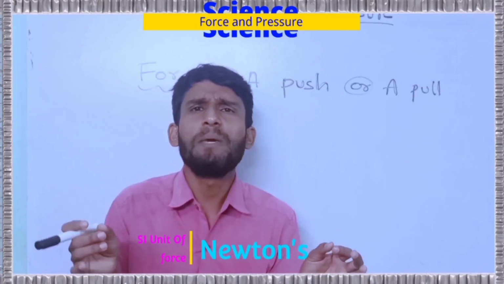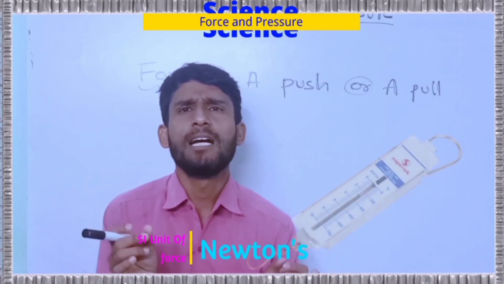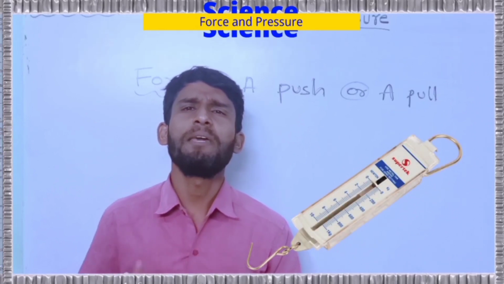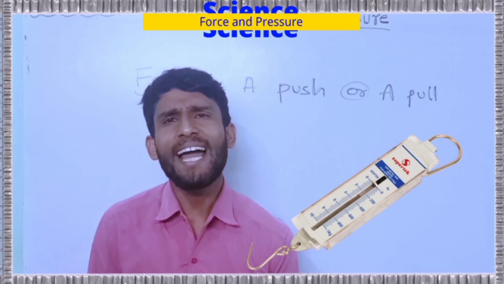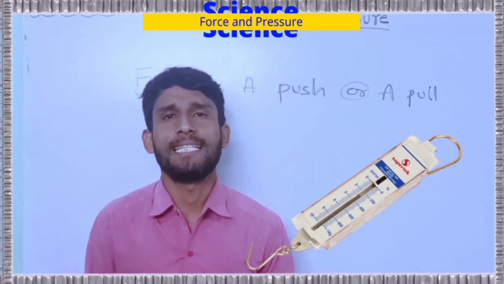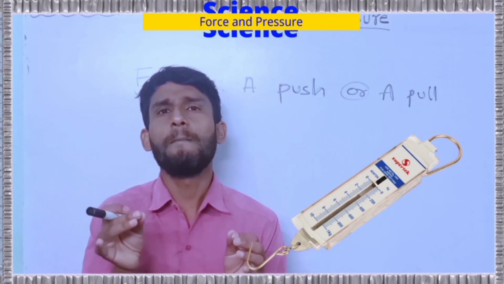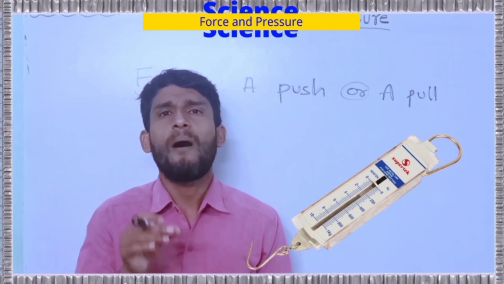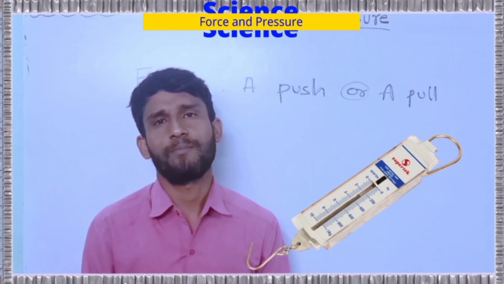Dear students, it can be measured with a device called a spring balance. A spring balance has a spiral spring with a pointer attached to it.